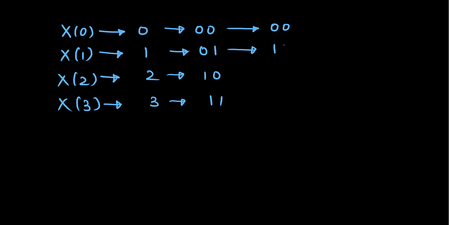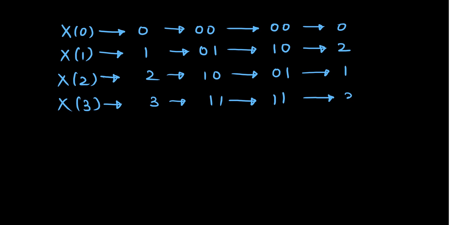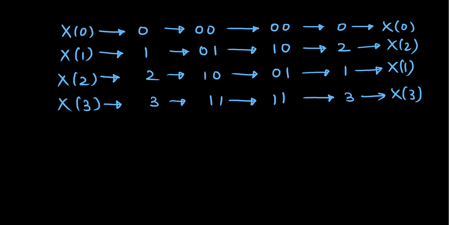Bit reversal of this would be 1, 0. Bit reversal of 1, 0 would be 0, 1. And bit reversal of 1, 1 would be 1, 1. So this gives 0. This 1, 0 is 2. This 0, 1 is 1. And this 1, 1 is 3. So the sequence in which we are going to obtain the value of x of k would be x of 0, then x of 2, then we are going to obtain x of 1, and then we are going to obtain x of 3.